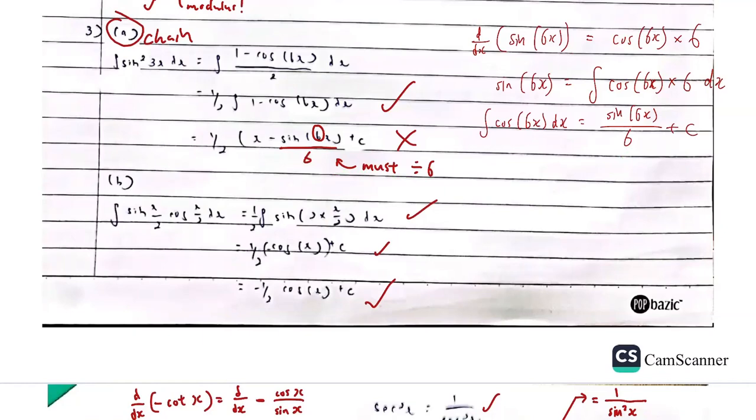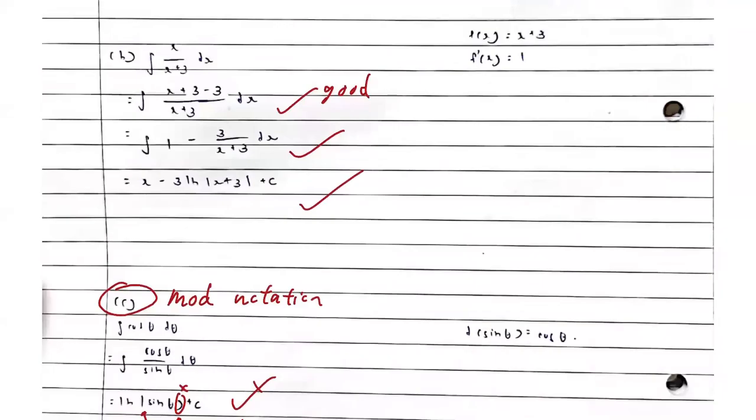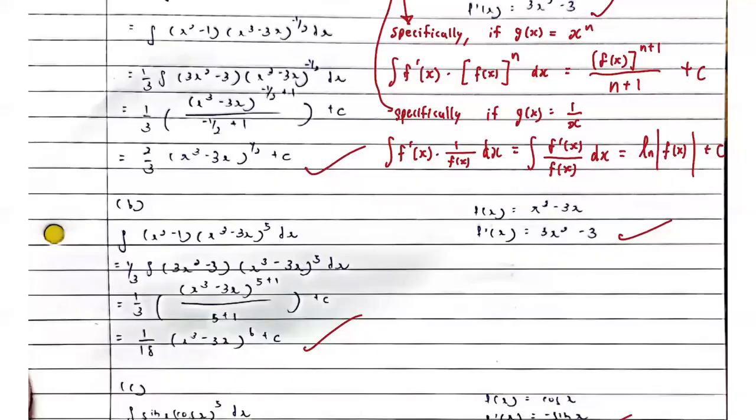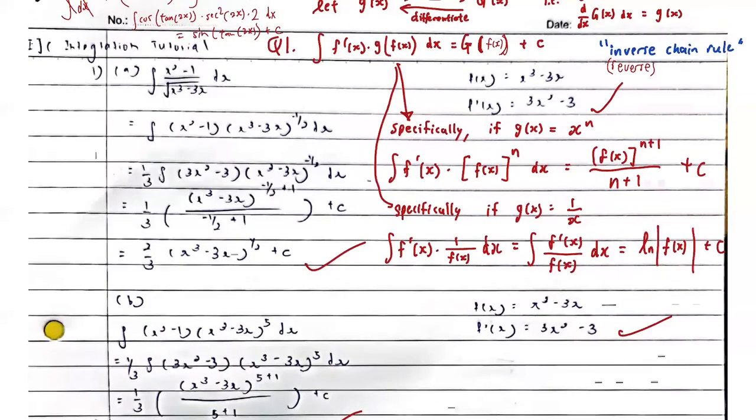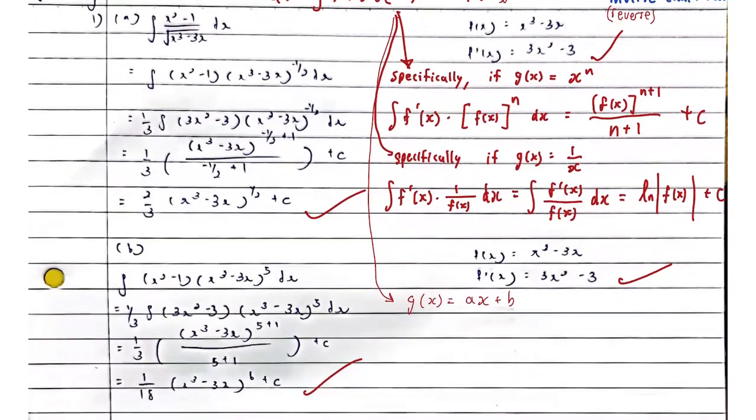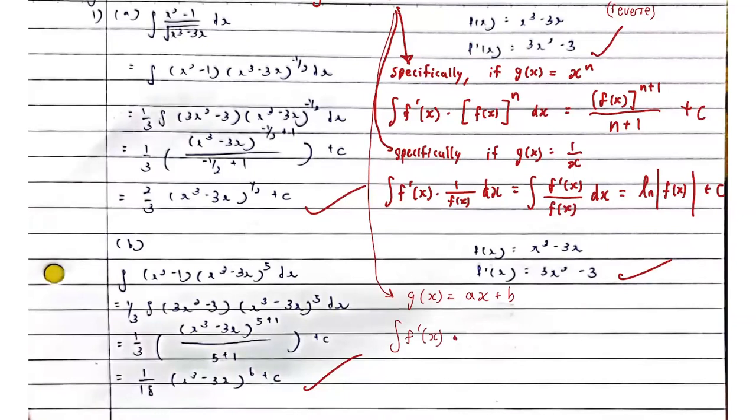Maybe I should go back to that specifically. You need to remember this: if g of x is equal to some linear function ax plus b, then it will be the integral of f prime of x times, what would it be? Okay, I'll put an extra square bracket here. A times f of x plus b dx. It will just be equal to capital A... In this case, what would it be?